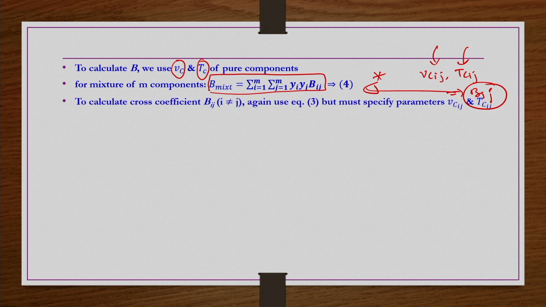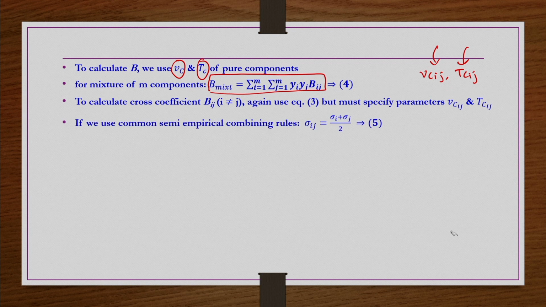So, to calculate the cross virial coefficient Bij, again the same equation we can use, but for Vcij and Tcij we have to use the appropriate values. From semi-empirical combining rules, we know that sigma ij is the arithmetic average of sigma i and sigma j, that is, sigma i plus sigma j by 2.